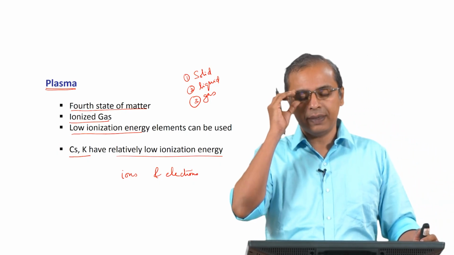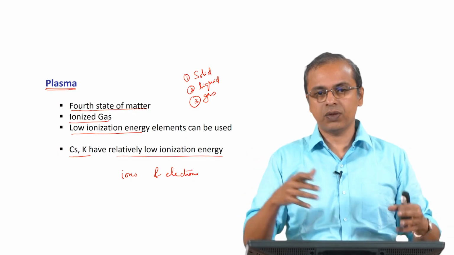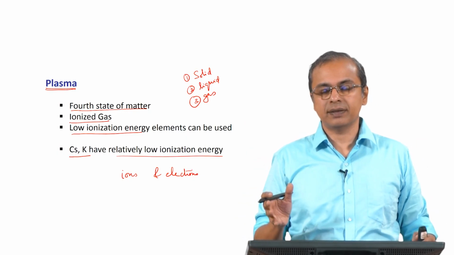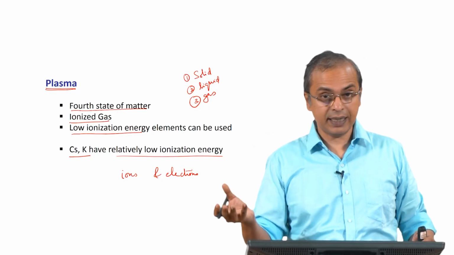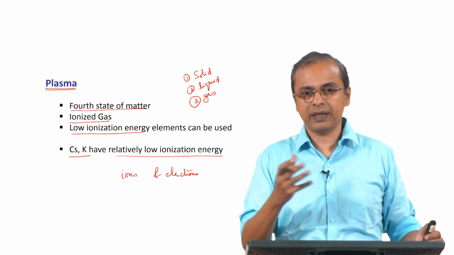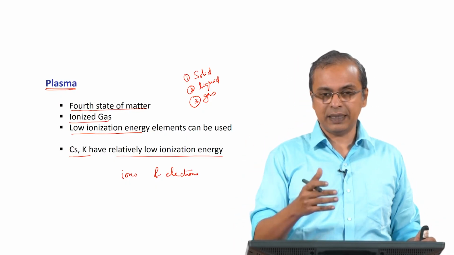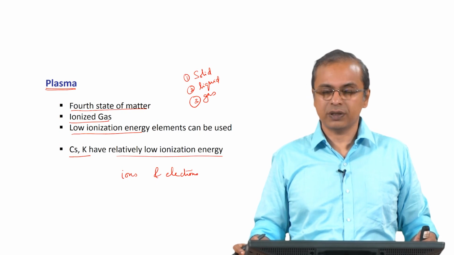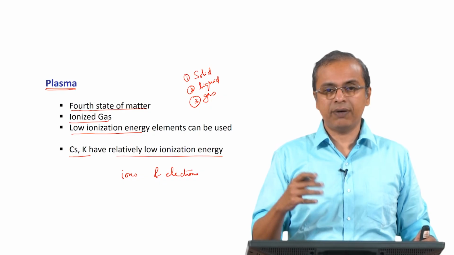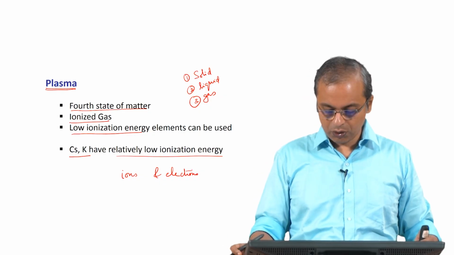Once you create plasma where you have the ion separated from the electron and the electrons are moving around, the ions are moving around, they do not necessarily have to have the same energy. You can have electrons having much higher energy and the ions having much lower energy. You will have some average energy, but in general you can have a situation where much more of the energy is being held by the electrons, much less is being held by the ions. So, you can have plasma that is somewhat cold, you can have plasma that is hot, a lot of different options are available when you talk of plasma.